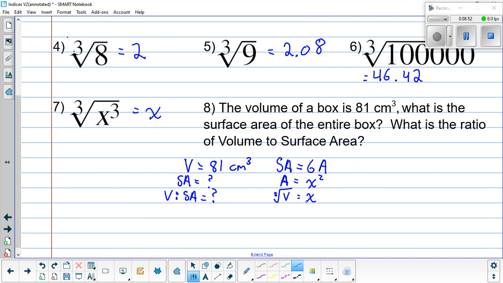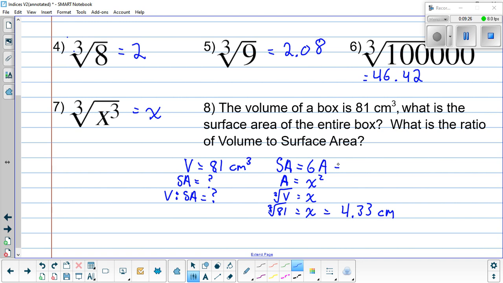So I can say that the cubed root of 81 is equal to x, and that is going to be equal to 4.33-ish. So save the number on the calculator, because when we carry this through, we're going to have a lot of values that depend on it. So I'm going to say that it's that many in centimeters, that way I know it's my length.